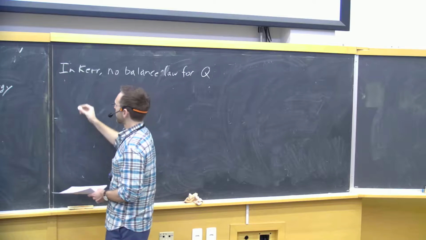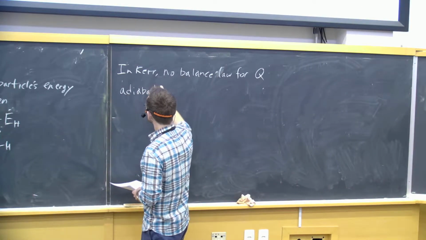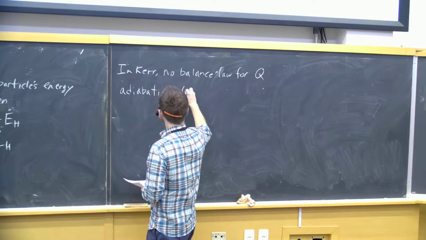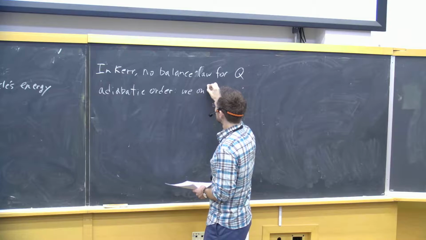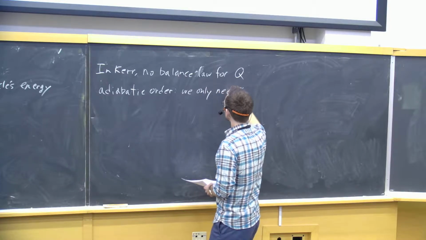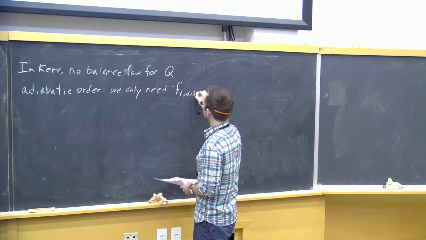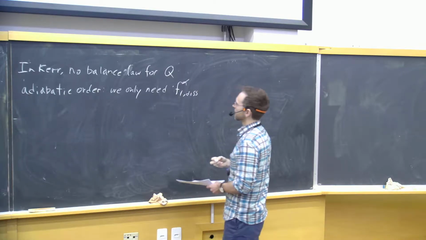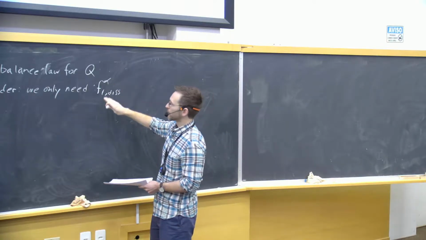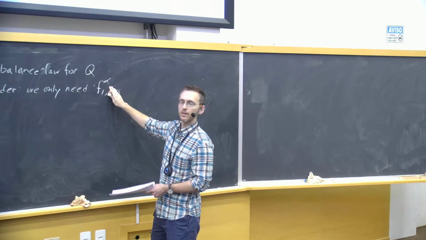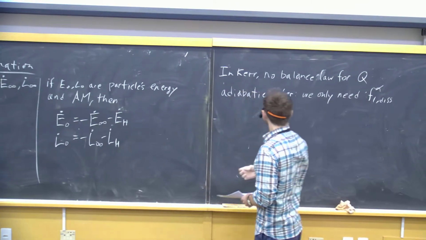And in that case, remember, at adiabatic order, all we needed was the first order dissipative self-force, but you do need to actually know what this is. You can't just rely on balance laws like this.